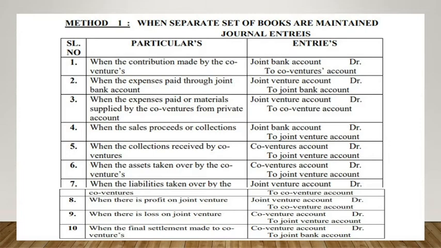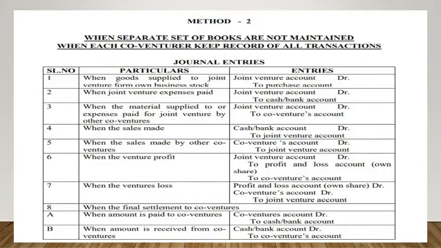When contribution is made by the co-venturer, joint venture to co-venturer. When expenses are paid through joint venture, that is the joint bank account. Okay, this is for the next method. When goods are supplied to joint venture, joint venture to purchase account. When expenses are paid, joint venture to cash or bank account.